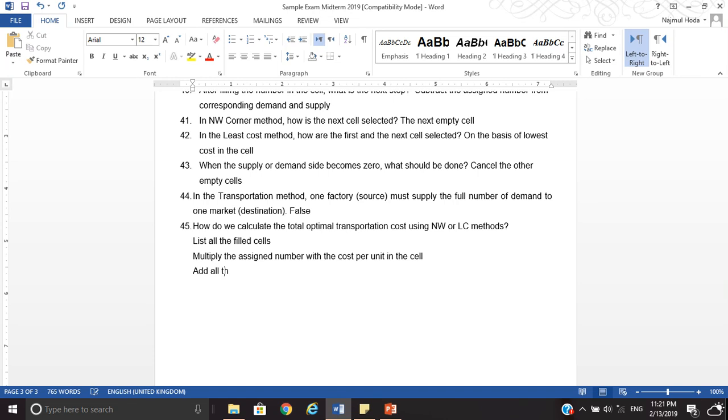Add all the products, meaning the products of the selected cells.